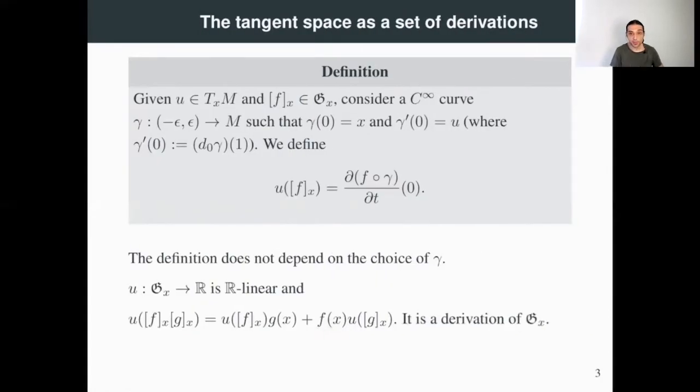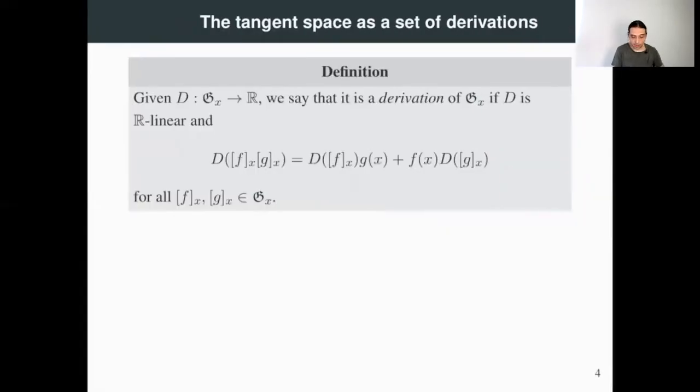And because of these two properties, our tangent vector defines a derivation of the space of germs at the point x. Indeed, almost by definition, as we can see here.